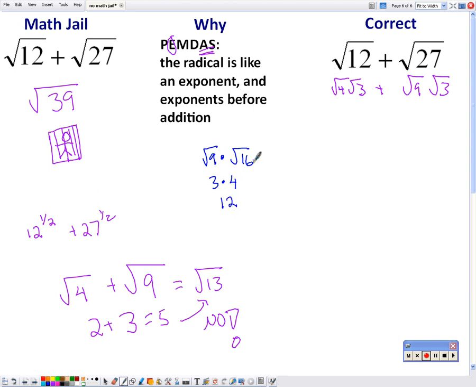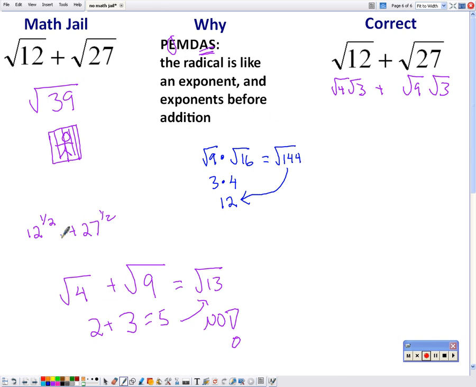If we do 9 times 16, 90 plus 54 gives you the square root of 144. The square root of 144 is 12. You can multiply and you can divide under a radical. You cannot add or subtract under a radical.